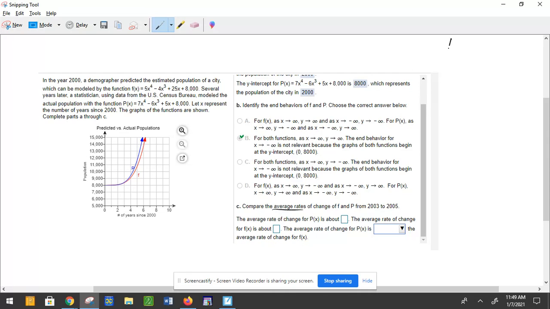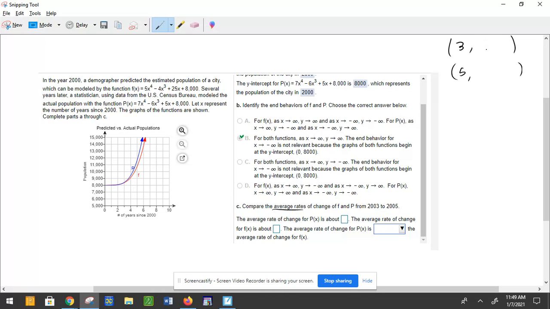It's telling us what the x values are for both. 2003 is an x value of 3. 2005 is an x value of 5, because remember, x is defined as the amount of years since 2000.